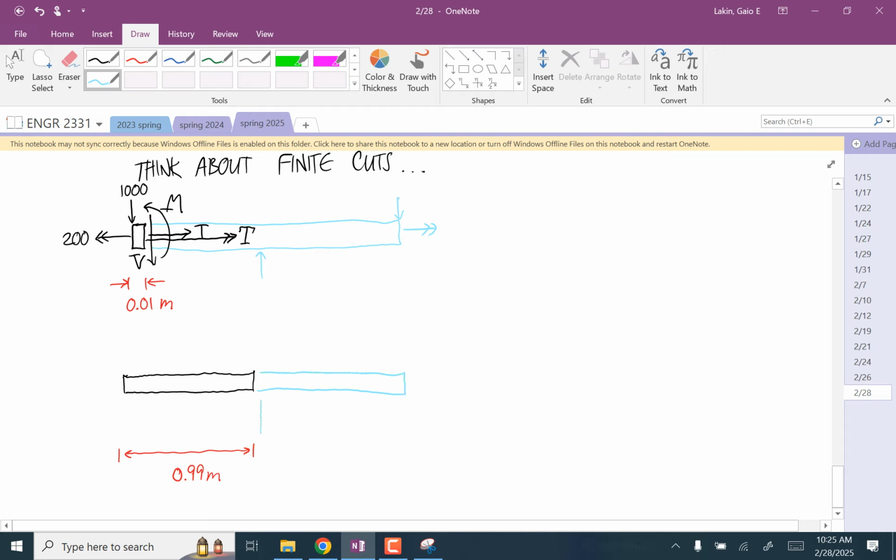We're still skipping this force because we're not quite at it. But we do have the 1,000 here, we do have the 200 here, and we have all of the internal loads.